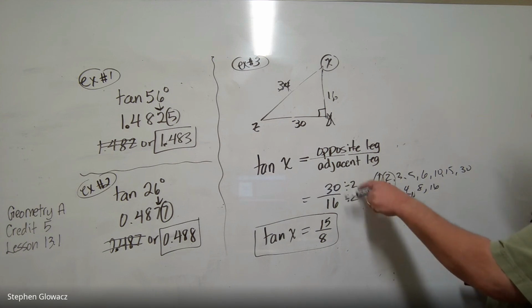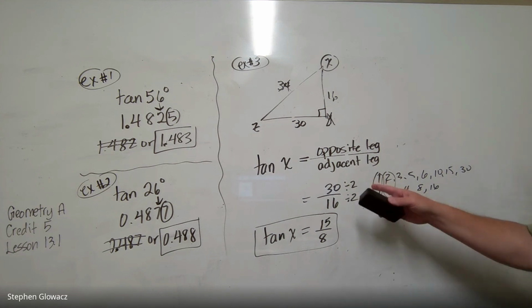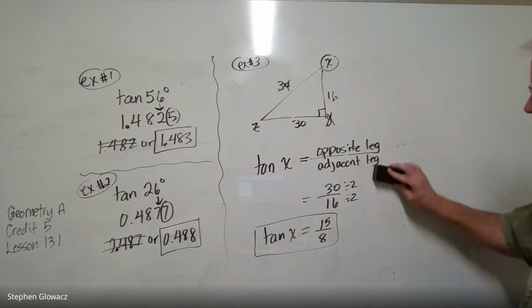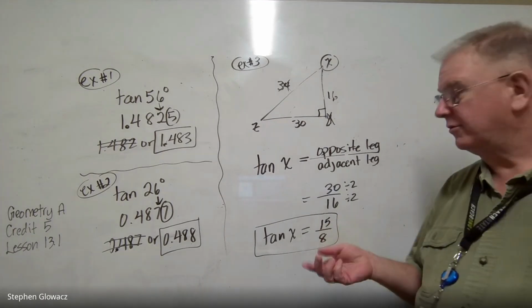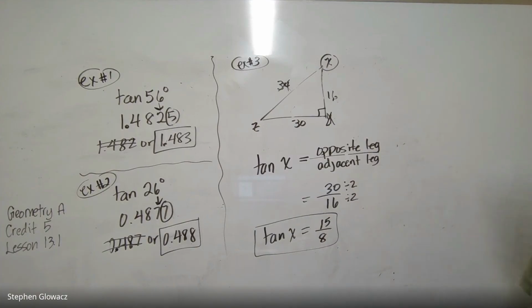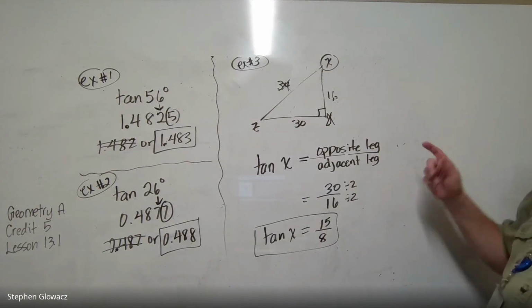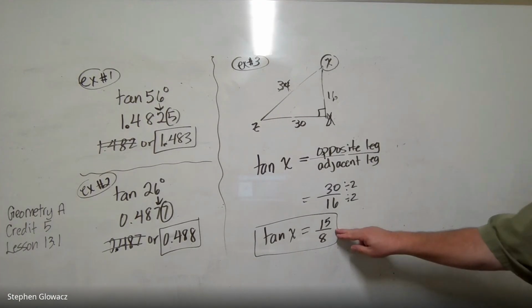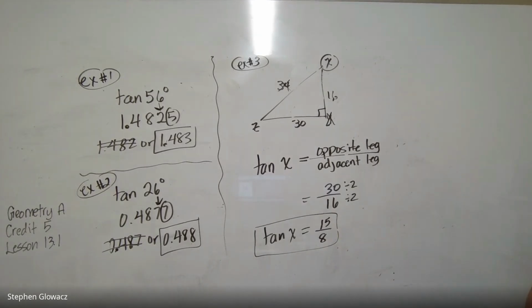Largest is 2, so that's how we know that 2 is the largest number that we can divide into 30 and 16. Again, you can also check that by Googling greatest common factor of 30 and 16. But again, trying to work it out and knowing how to do it's the best way. So for our example, our tangent of x, 15 simplified is 15 over 8.